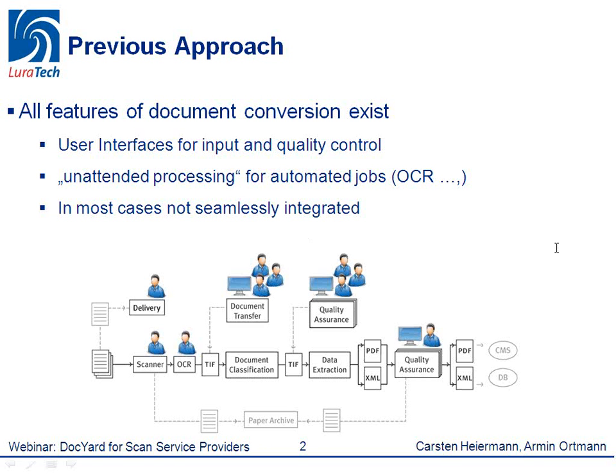They are in fact components where the data is transferred from one component to the other, in the worst case really by copying batches from a network drive to another network drive with human interaction, or the connection between the modules is kind of a loose connection where they are tied together with highly specialized scripting, highly individual stuff that also is a little bit hard to handle. As I said, in most cases we found that the productions are not seamlessly integrated.